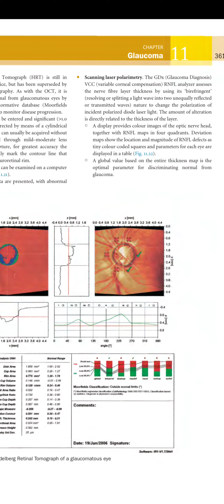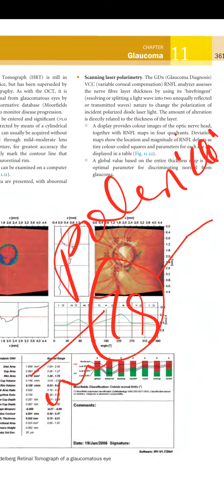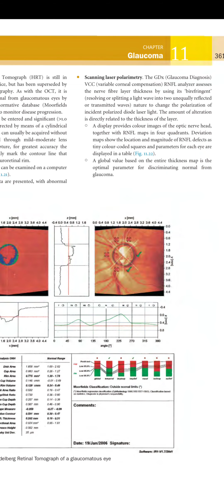The amount of alteration is directly related to the thickness of the layer. So basically, polarization is when you hit some structure, then a certain wavelength is changed into another wavelength, and how much difference there is between them gives us the thickness of the layer.